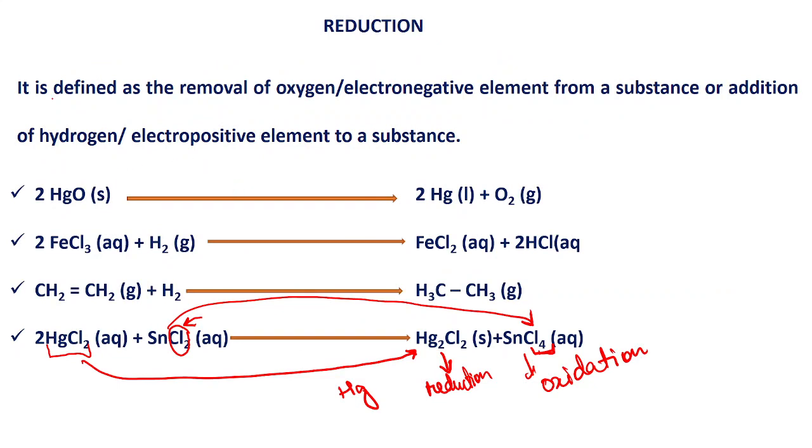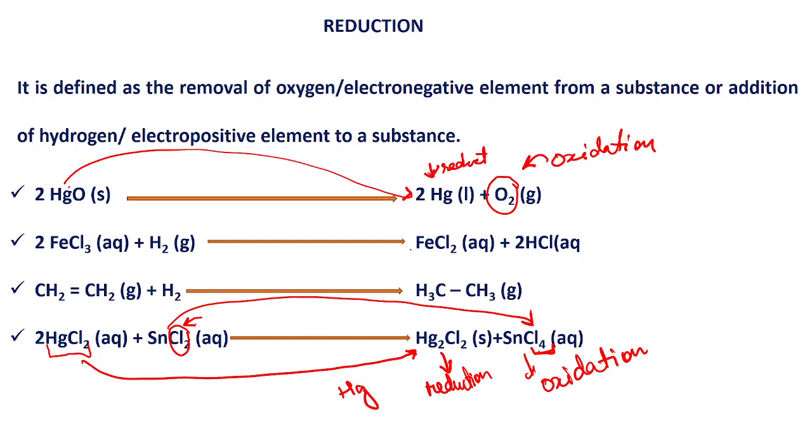Now if we move backwards in these reactions, you can also see reduction and oxidation in all the cases. Here, from mercury oxygen is removed, so you can observe reduction. But earlier oxygen was alone, and here you have 2 oxygen, meaning oxygen is being added to oxygen, so you can see oxidation.